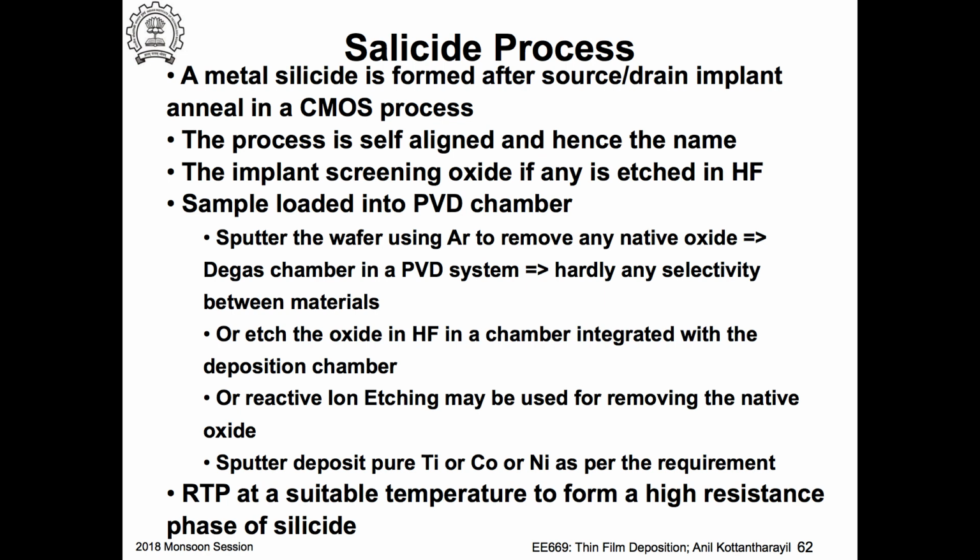So you have a wet etching station, and then the wafer is loaded from there into a vacuum chamber directly without any human intervention. The other option is reactive ion etching, which may be used for removing the native oxide. This process can be more selective than the back sputtering process. And then you sputter deposit pure titanium, cobalt or nickel as per the requirement.